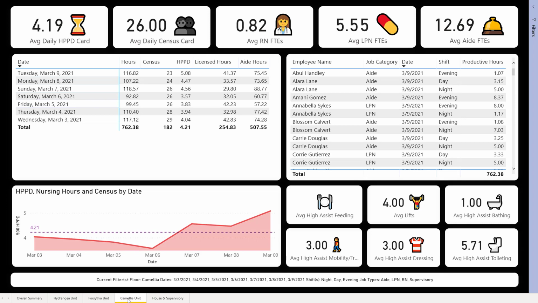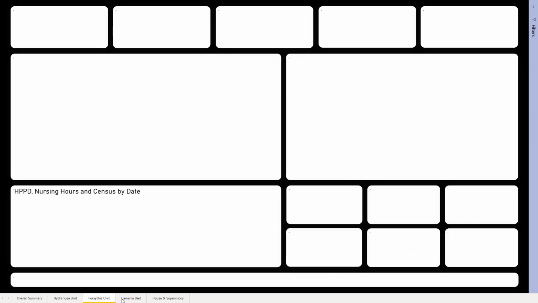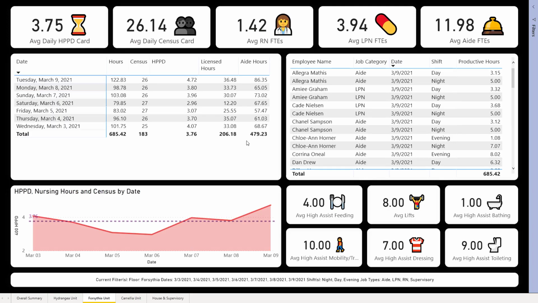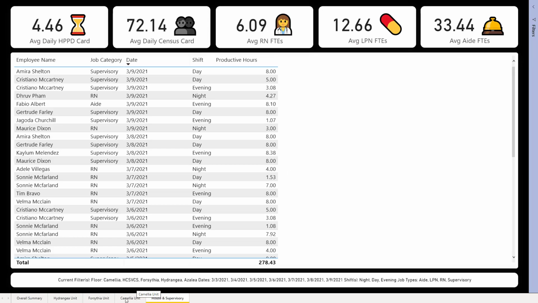And so a scheduler can immediately compare and say, you know what, maybe we want to float a staff person or 2 from this unit and put them over here and balance things out a little bit. So this is not a highly sophisticated dashboard, but incredibly useful, and we see many clients use it on a daily basis.